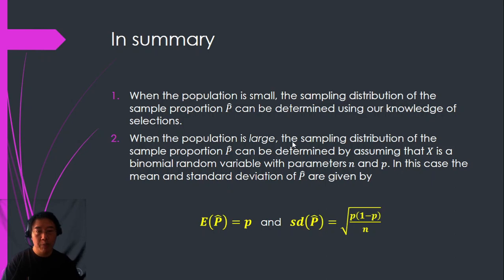If it's a large population, then you're going to use the knowledge of the population as a binomial random variable, and you will know p and also the population's n value, and you can respectively calculate the expected value and the standard deviation of p hat, which is your sampling proportion.